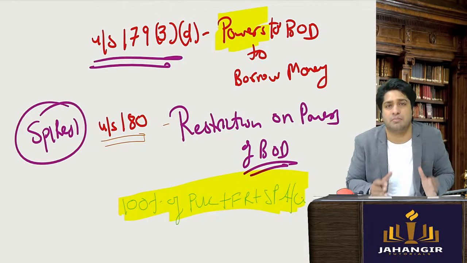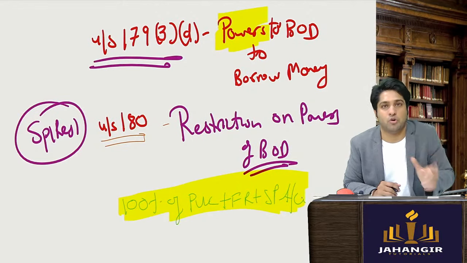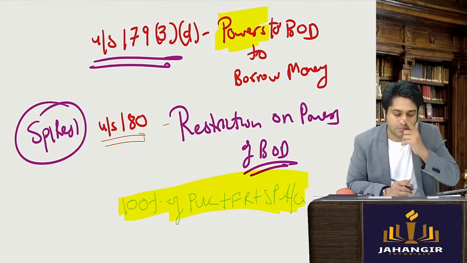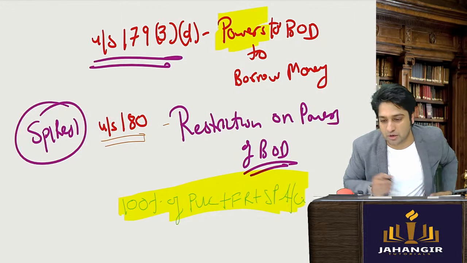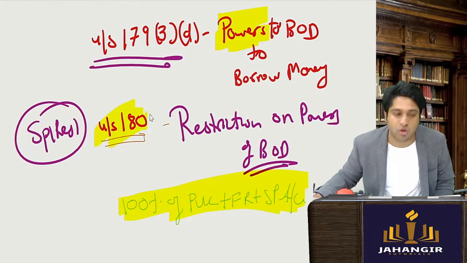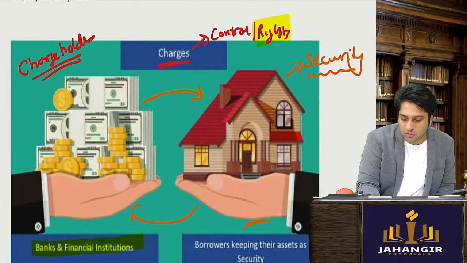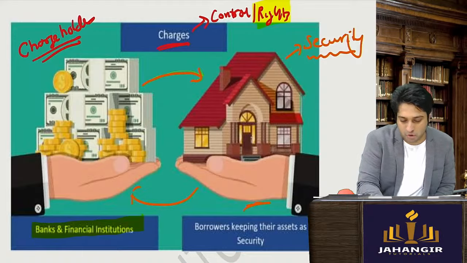That's the maximum amount the board can borrow. Beyond that, if the board wants to borrow, they have to go and take a special resolution from the shareholders, given under section 180.